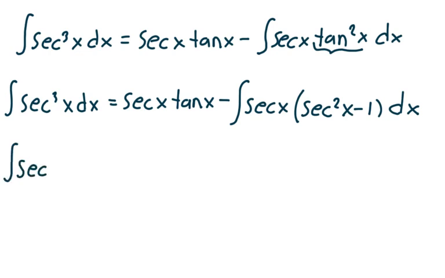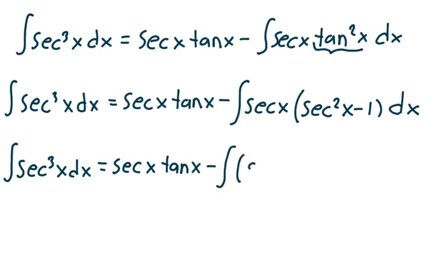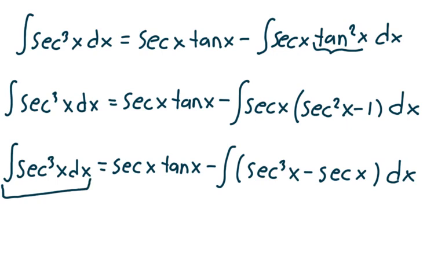So the integral of secant cubed x dx is secant x tangent x minus the integral of secant cubed x minus secant x dx. Notice how I see the integral of secant cubed x dx on the left side, and I see the opposite of the integral of secant cubed x dx on the right side. And that's not an accident.